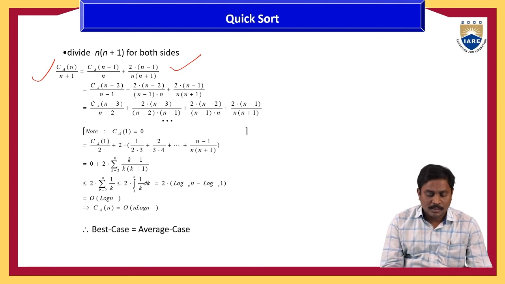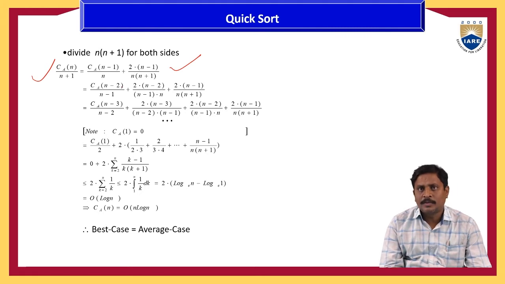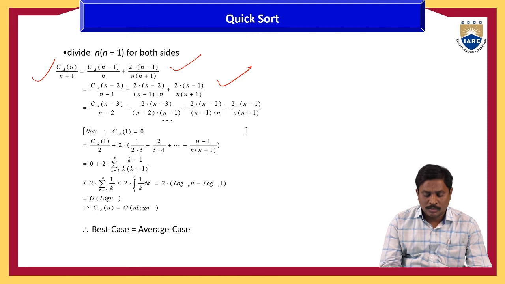Now observe that this Ca of n minus 1 is also in the form of Ca of n by n plus 1. So substitute again, substitute these values continuously, and so on.